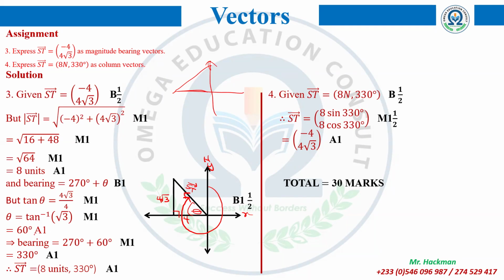So now what do we have? We know we are going to deal with theta. And I advise you always use tan, because you know the opposite over the adjacent. Someone can use ST because the person knows the magnitude of ST, but I advise you to use these two, for the simple reason that you found the magnitude.